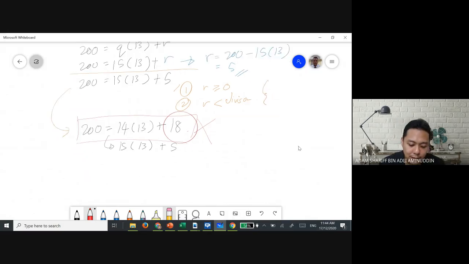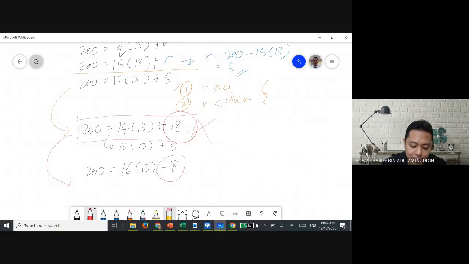One more thing is that I can represent 200 equals to 16 times 13. But if 16 times 13, I need to minus 8, betul?